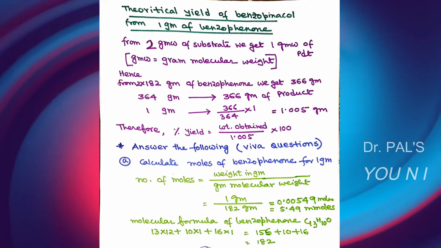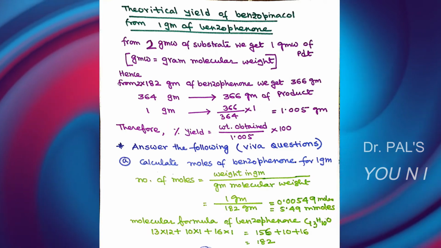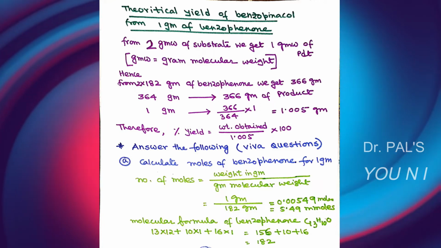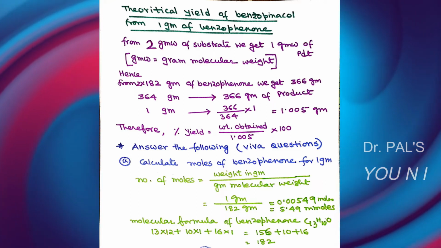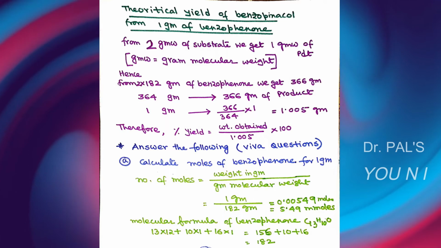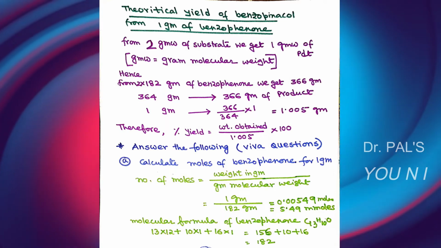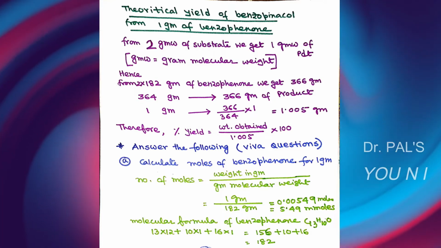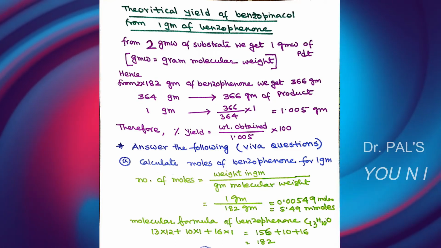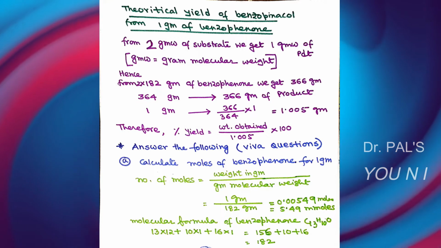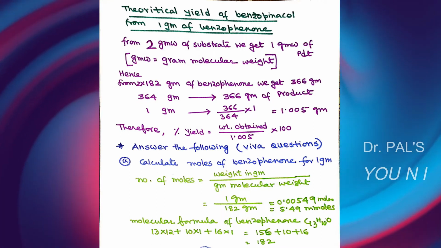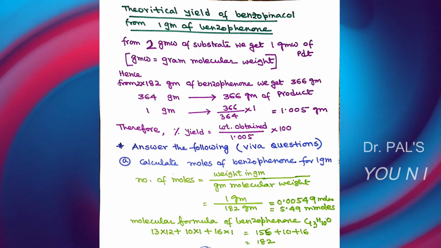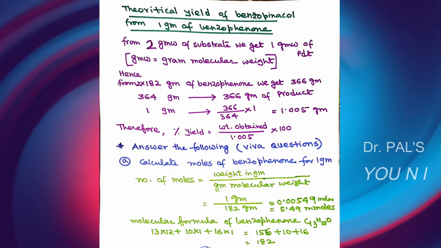From the balanced equation, 2 gram molecular weights of the substrate, benzophenone, give 1 gram molecular weight of the product. Now, what is the gram molecular weight of benzophenone and of benzopinacol? If you look at the molecular formulas, the molecular weight of benzophenone is 182 and that of benzopinacol is 366.